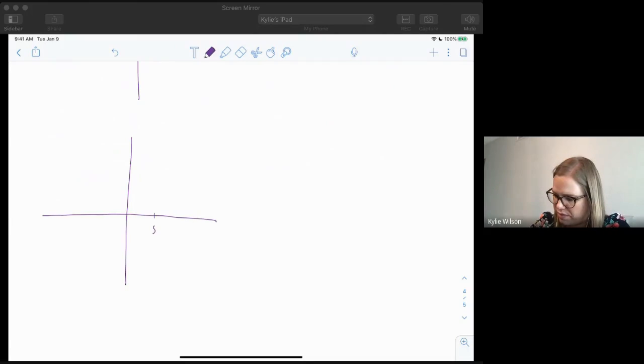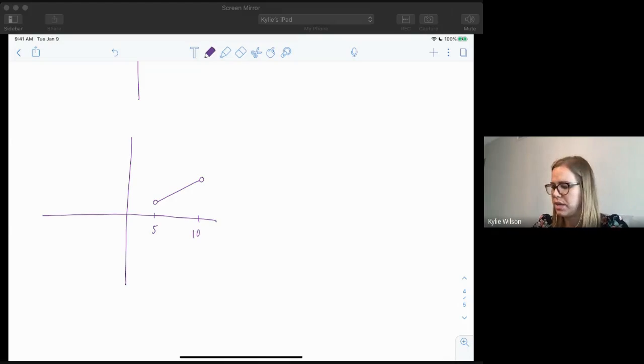So we would have 5 and 10, and let's say I had an open circle here and an open circle here. I think that's what you're referring to, because it never really touches 5 and it never touches 10. It's just the stuff in between.